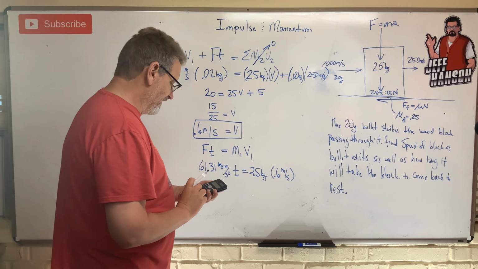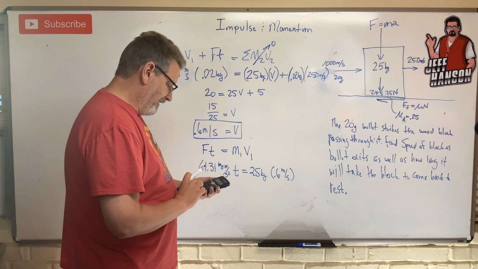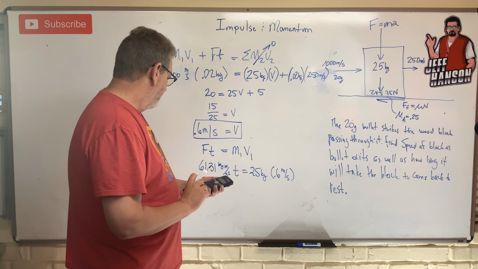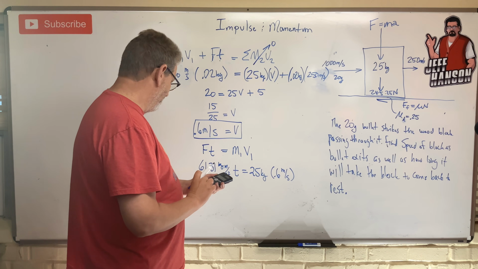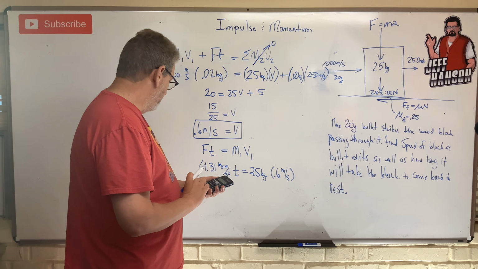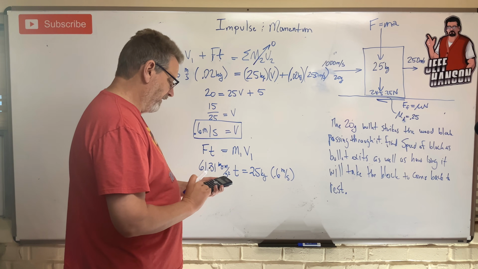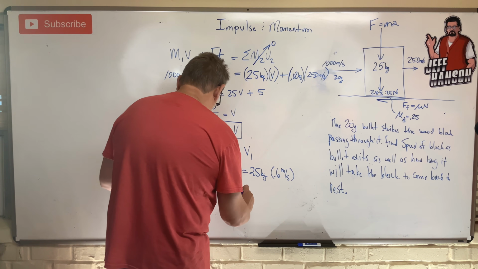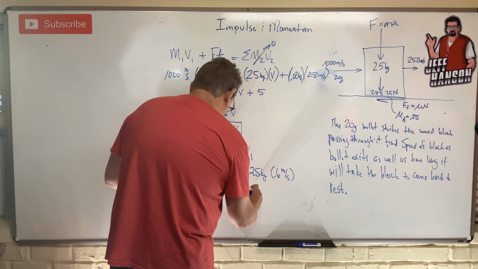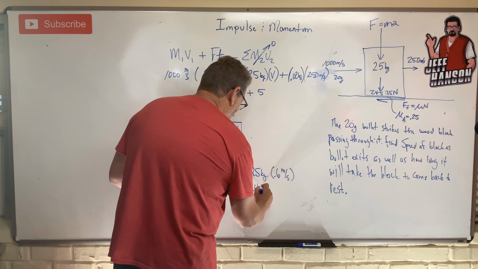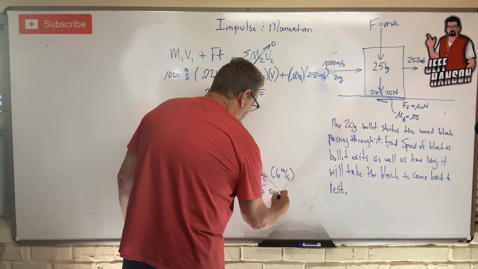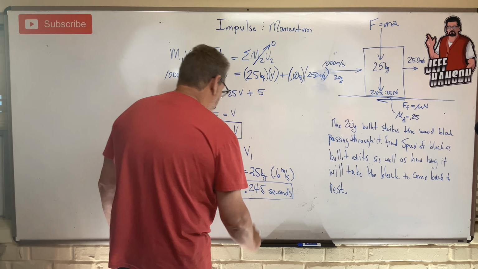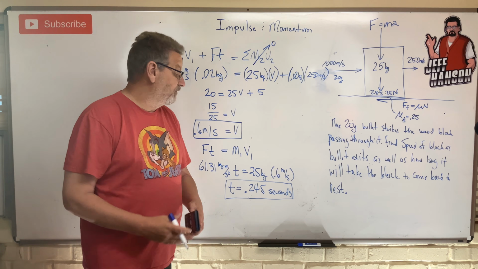Okay, so what's that going to do? 25 times 0.6 equals 15 divided by 61.31 equals T equals 0.245 seconds. Not very long. That's how long it takes to come to rest, okay?